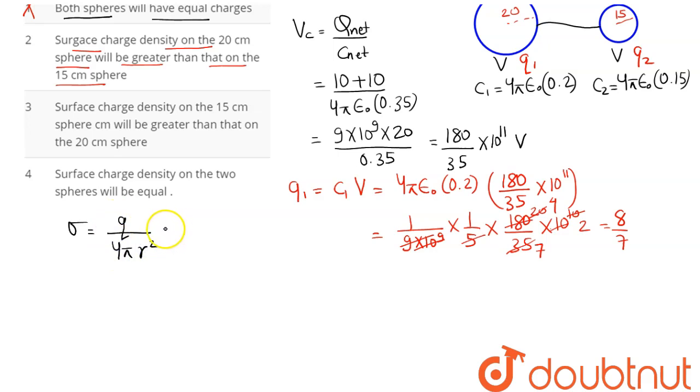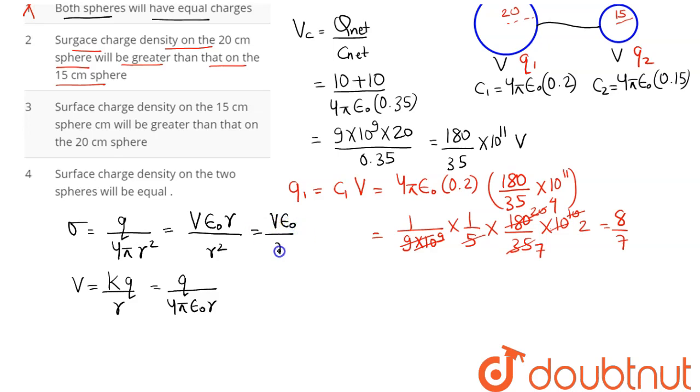Since the potential is the same, and potential is given as kq divided by r, q divided by 4 pi epsilon naught r equals V. So q by 4 pi can be written as V epsilon naught r, divided by r square in the denominator. So this comes as V epsilon naught divided by r.